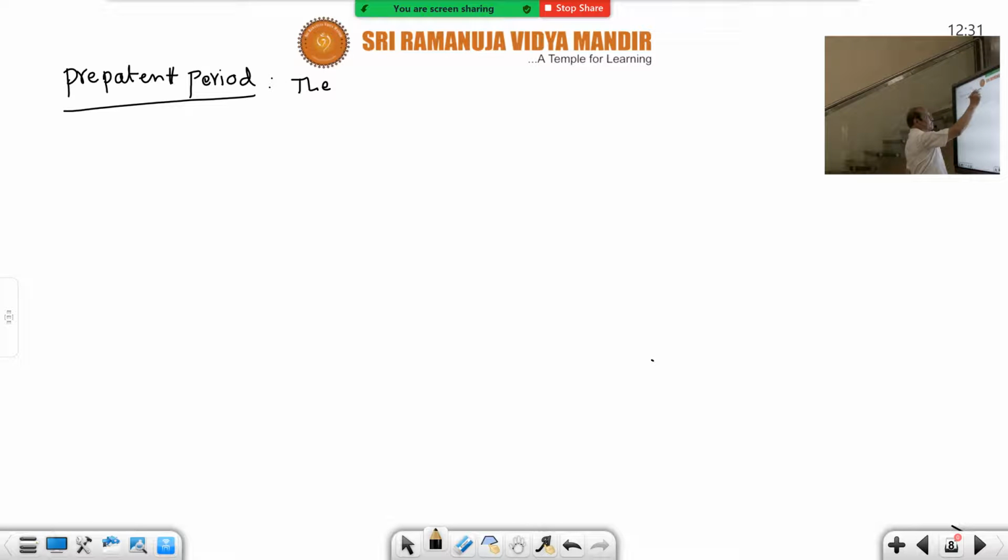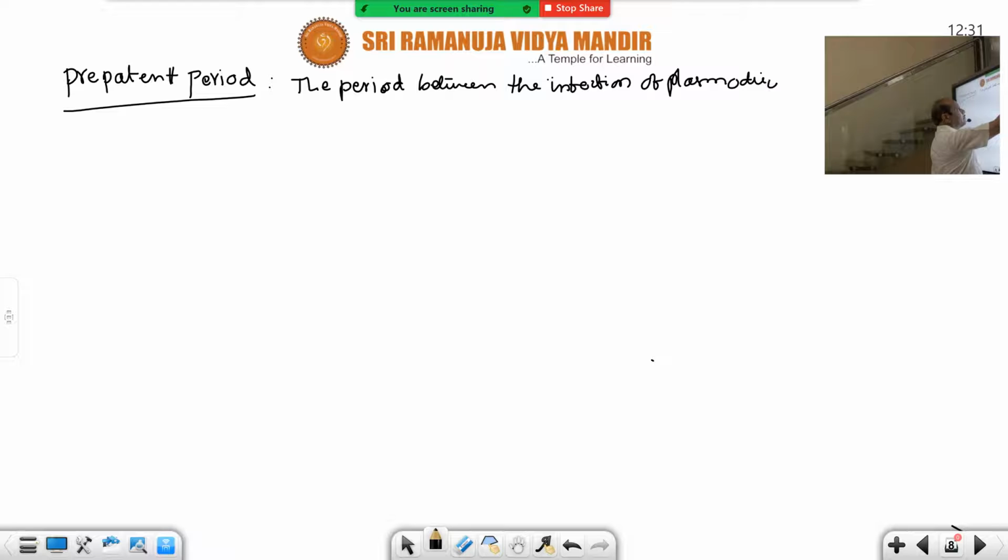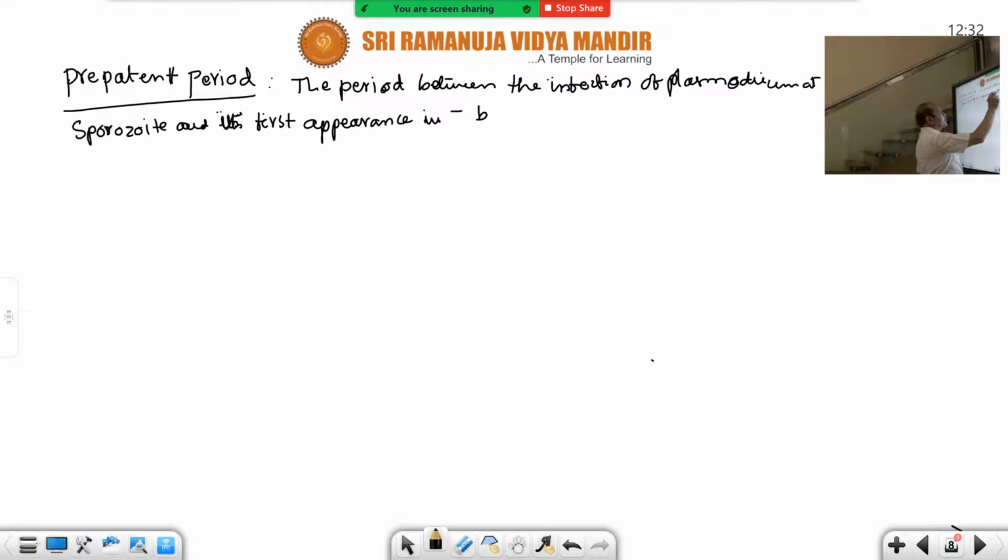The period between the infection of Plasmodium at sporozoite stage and its first appearance in the blood, that is attacking erythrocytes, either by cryptozoites or micro-metacryptozoites, and their first appearance in the blood is called the pre-patent period.